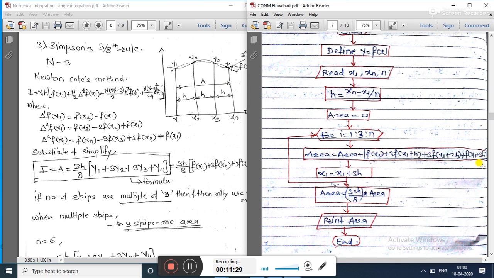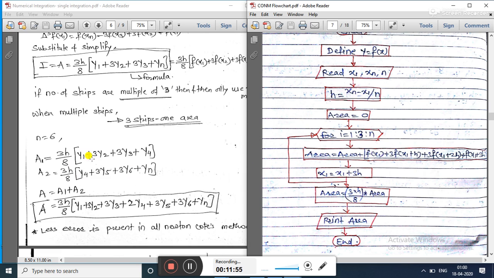Formula of 1 area calculation, that is f of x1 plus 3 into f of x2 plus 3 into f of x3 plus f of x4, means y1 plus 3y2 plus 3y3 plus y4, and the next area starts with y4, so that is f of x4.